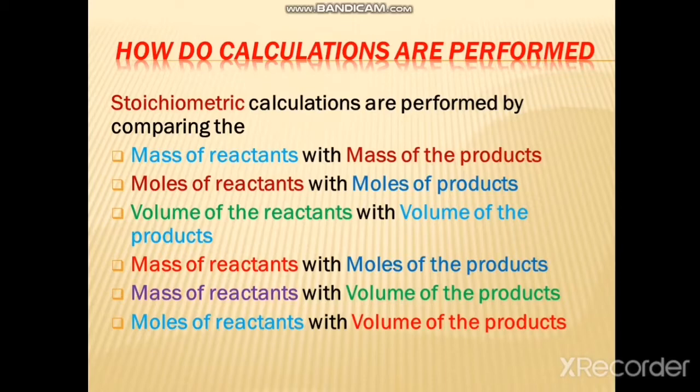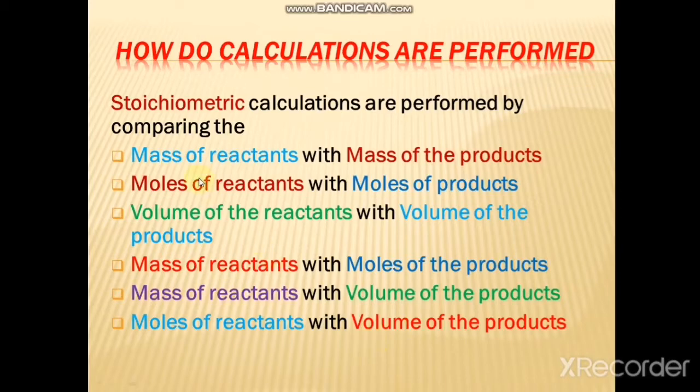So in order to perform the stoichiometric calculation, you must keep in mind that all these conversions are interconversions, and you can find all of them if one of them is given. During stoichiometric calculations, we compare mass of reactants with mass of the products.